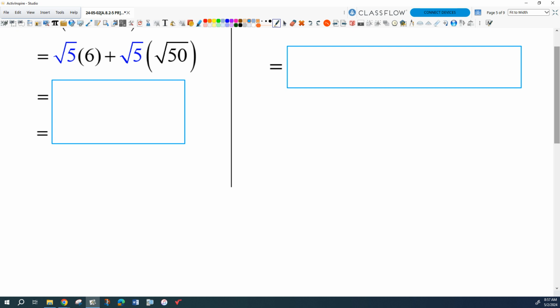Right, remember this property? We know that the square root of A times the square root of B is equal to what? What is it again? Square root of A times B, yeah, right?